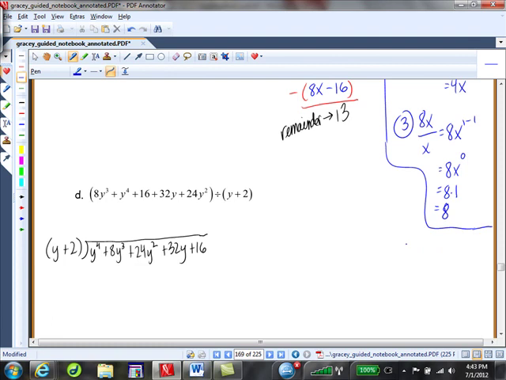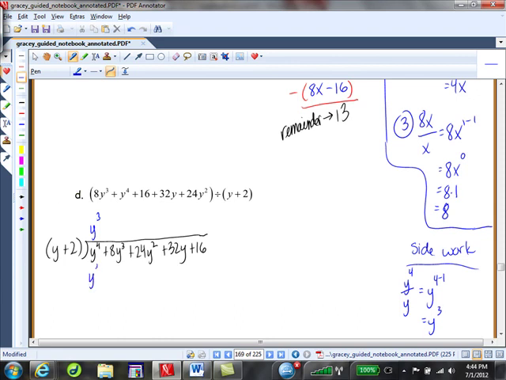Okay, so again, if you're doing some side work, we would take the first term in the dividend, y to the fourth, and divide it by the first term in the denominator. That would give us y to the 4 minus 1, which is y cubed, or you can think of it as y times y cubed equals y to the fourth.